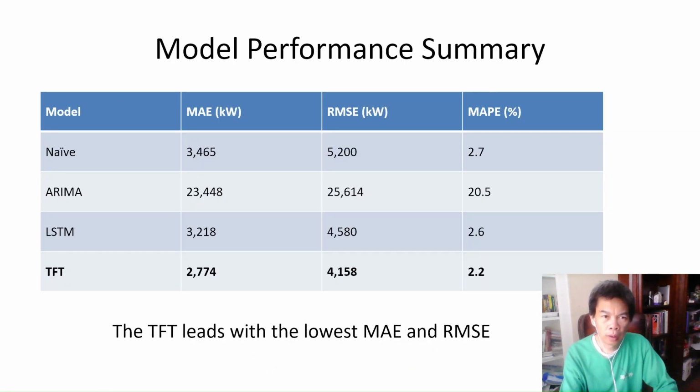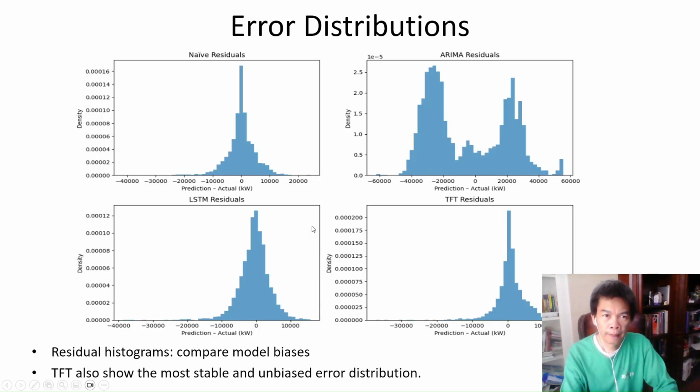So here is the model performance summary, and we see that the TFT has the smallest mean absolute error and root mean square error. The LSTM and Naïve follow, and the worst is ARIMA. So we also check the error distribution.